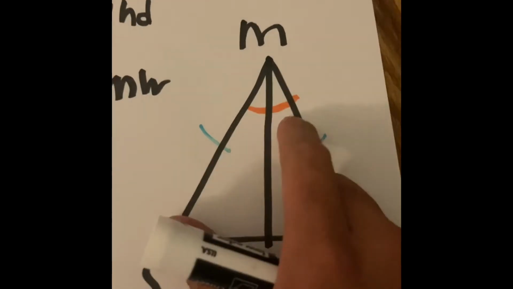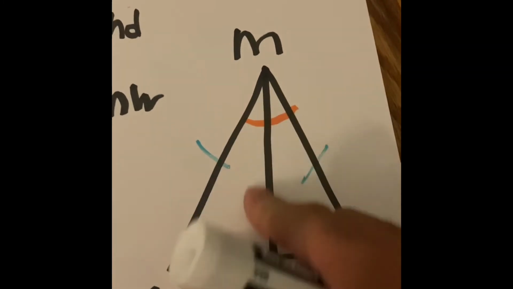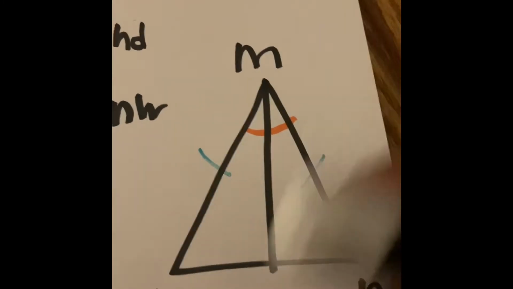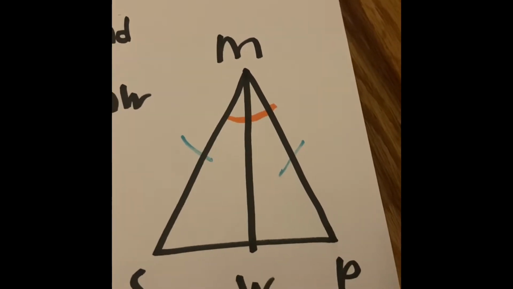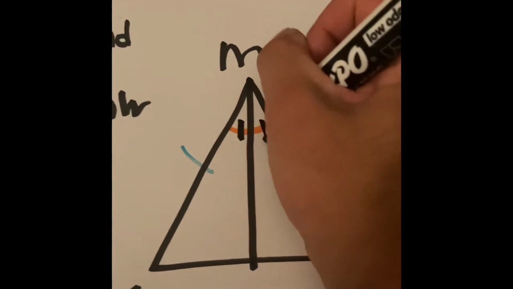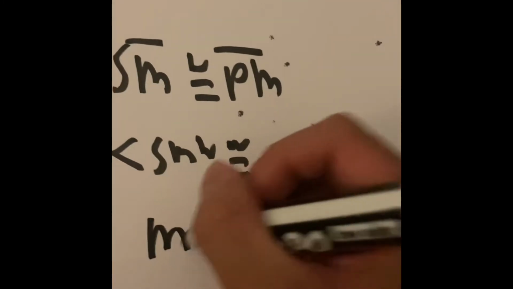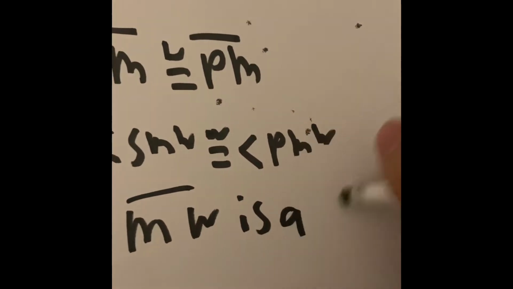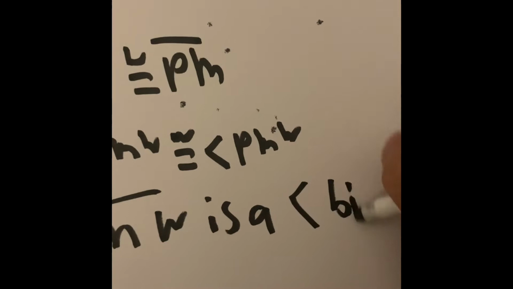If these two are congruent, and there's a line right in the middle, we can definitely say that MW is an angle bisector, because these two are congruent to each other. So we can say MW on the segment is an angle bisector.